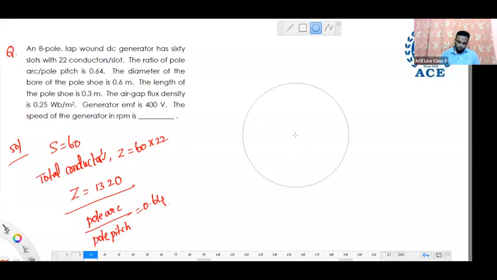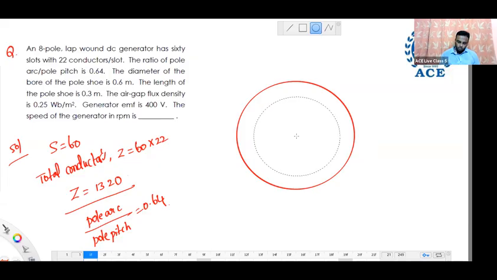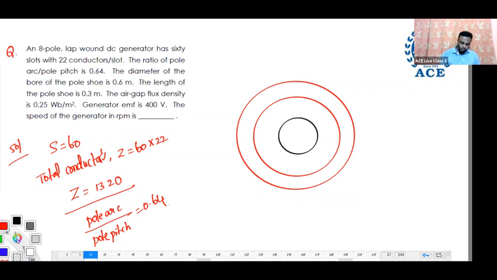Let us take, for example, 4 poles. This generator has 8 poles, but for example I'm taking a 4 pole generator: north, south, north, south.